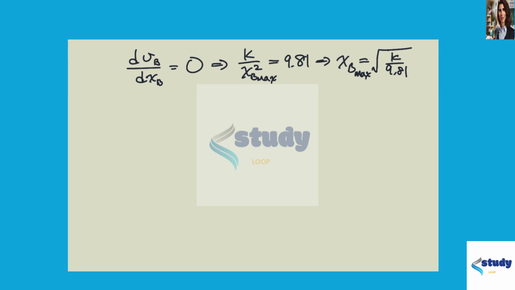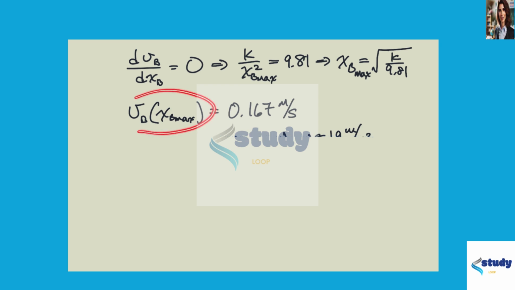So the acceleration is 0 when k over x squared equals g, so the displacement at maximum velocity is square root of k over g. We can then plug that into our expression for velocity, and we find that that is 0.167 meters per second.